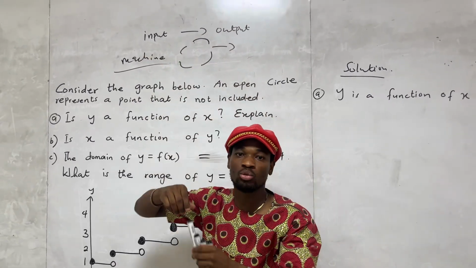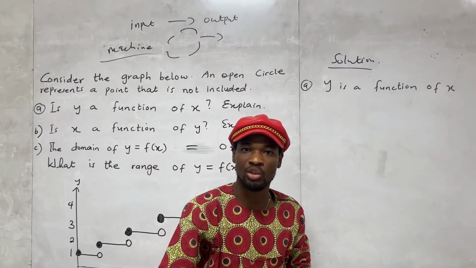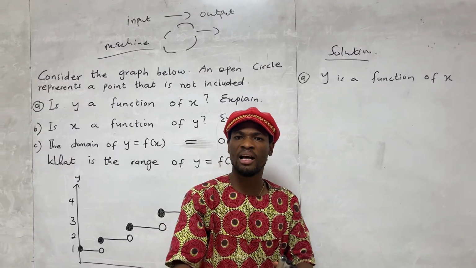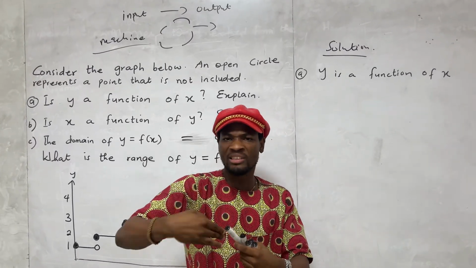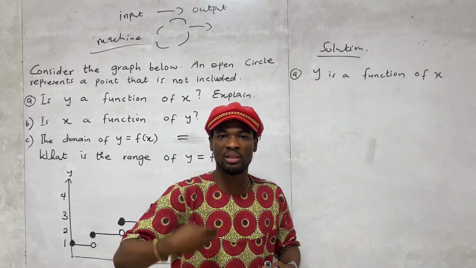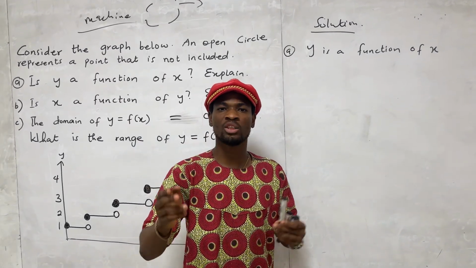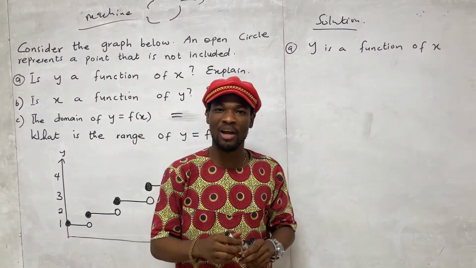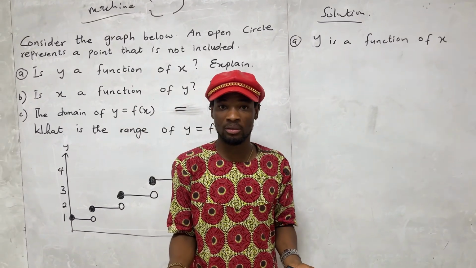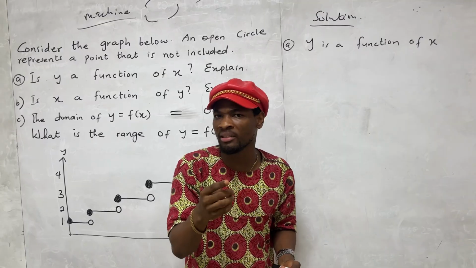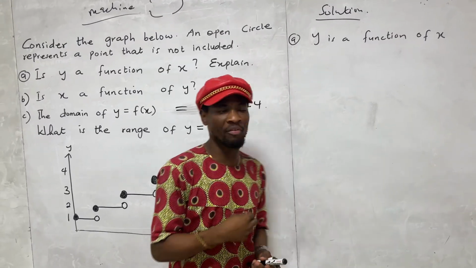The whole concept is what we call a function. It's more or less like a machine accepting input, processing it, and giving out a meaningful resource, which is an output. That is the idea and the concept behind a function. Having understood this concept, let's see how we can appreciate that over here.